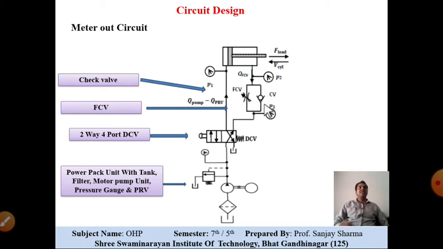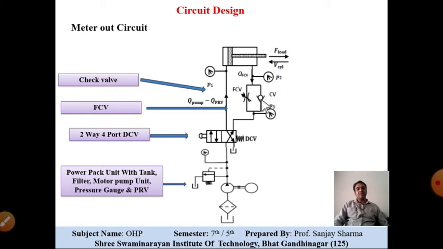Now here a check valve is provided. During the return valve position, the flow passes through the check valve. Here the position of the check valve is somewhat inverted. In this case, when the flow is returning, the check valve position should change.